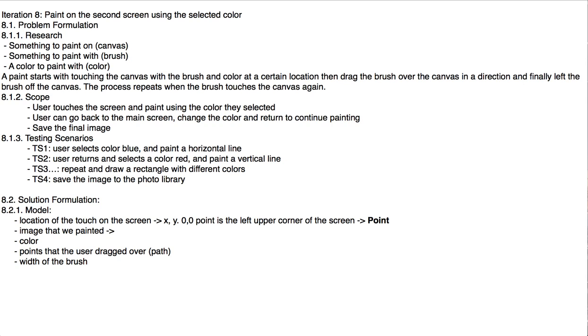The image that is painted, we're gonna use a UIImage. And actually, I know what I forgot. The canvas. And the canvas is a UIImageView. So the canvas is a rectangle area on the screen. So I have already the view on the screen, so I can choose to paint on the view.